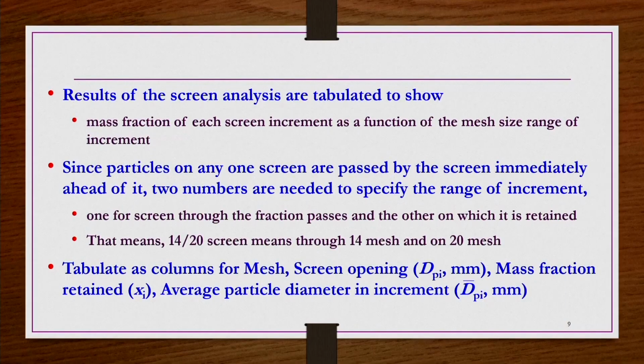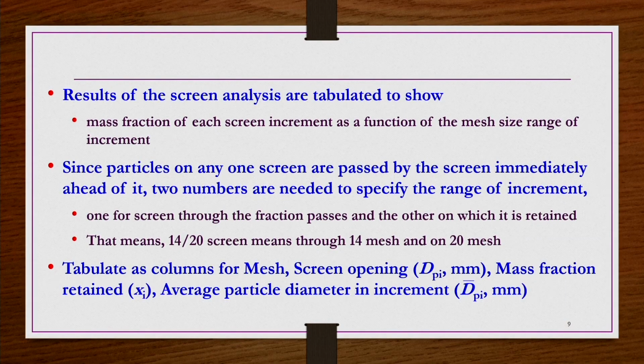Next column is the mass fraction xi, that is the weight of the material retained on the 100 mesh divided by the total weight of the sample, that should be written as the mass fraction retained. And then average particle diameter of the increment, dpi bar.